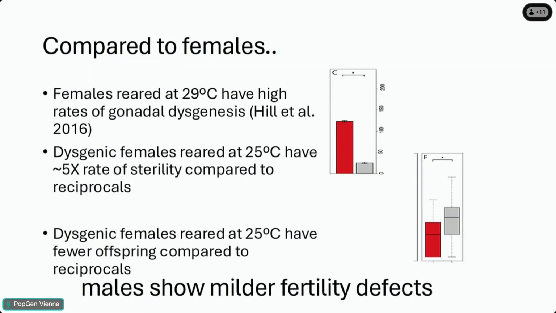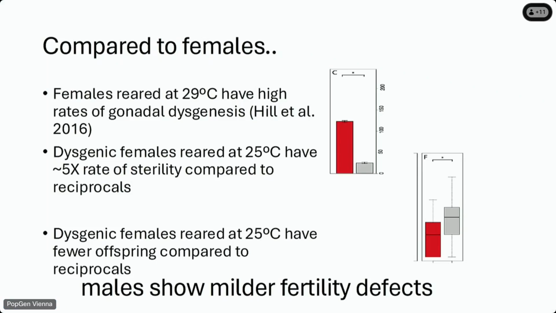This is data collected here by Tom Hill. It was actually supposed to be my experiment, and then I kept going out of town, so he had to collect the data. You see many more sterile females, a sterility rate of about 50%, compared to about 10% for males.